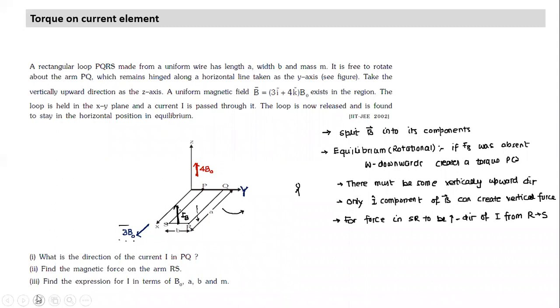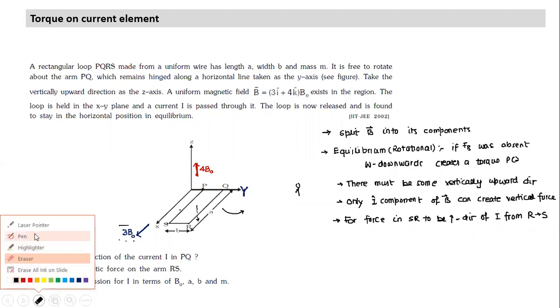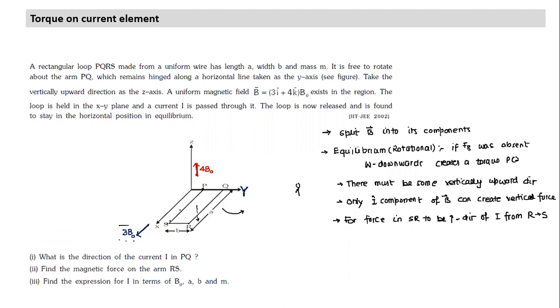Let me rub this off. After all the discussion, the only thing I figured out is the direction of current, so let me mark that part also. This is the direction in which the current will flow, so I figured out the direction.